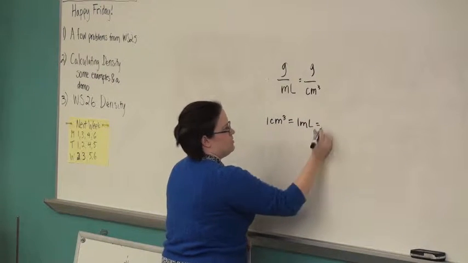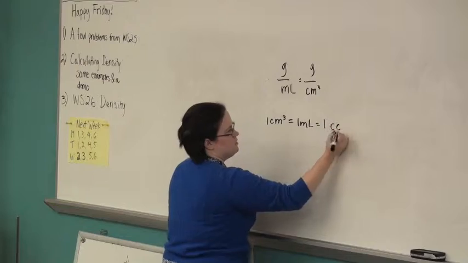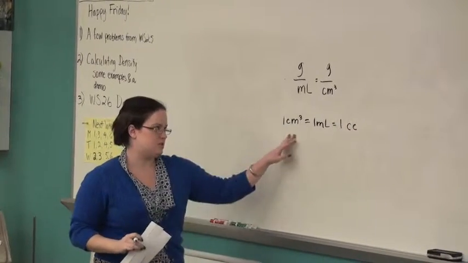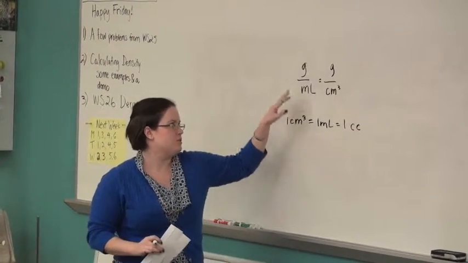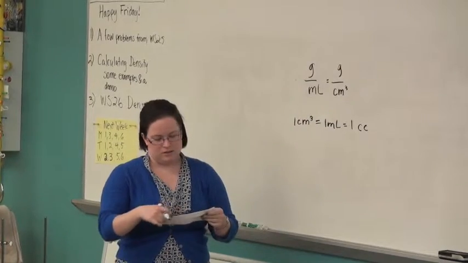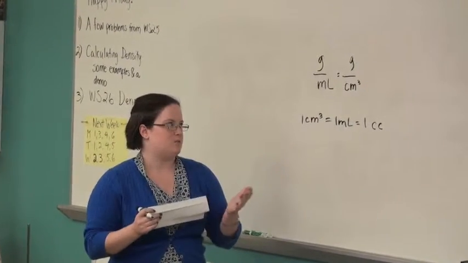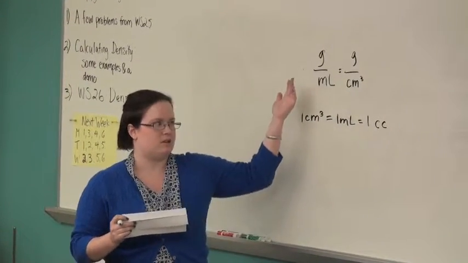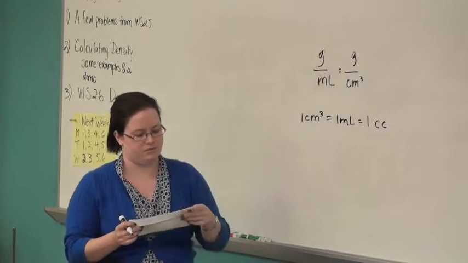Sometimes cubic centimeter, especially in medicine, is also called a cc. So these things are all the same thing. But for something like this where I need to compare the density, it's best to convert all of them to the same units, which would be grams per milliliter.